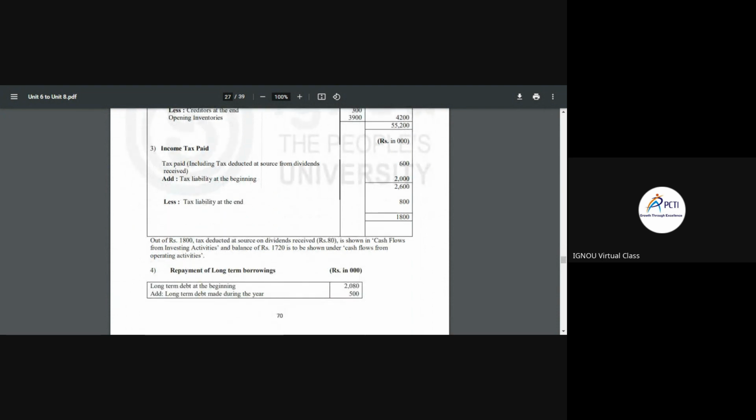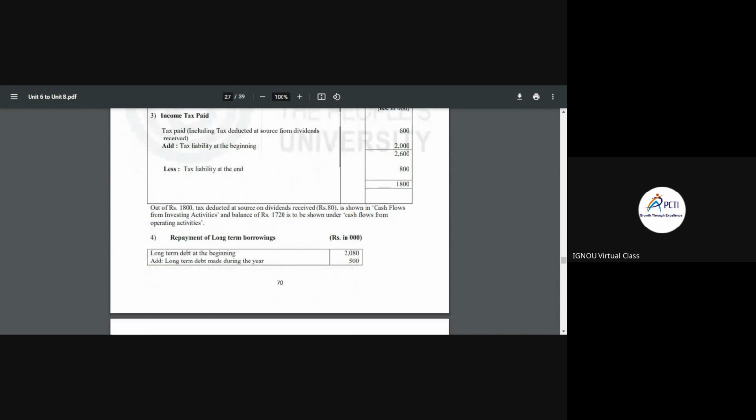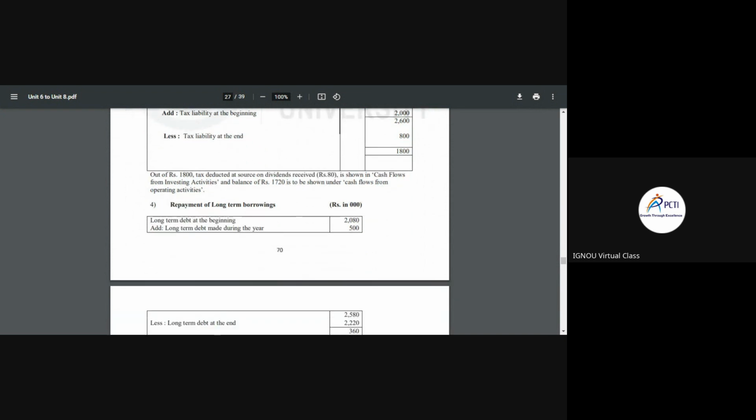In the case of income tax paid, you will have tax paid, that will be including tax deducted at source from dividends received. Then you need to add tax liability at the beginning and deduct the tax liability at the end.